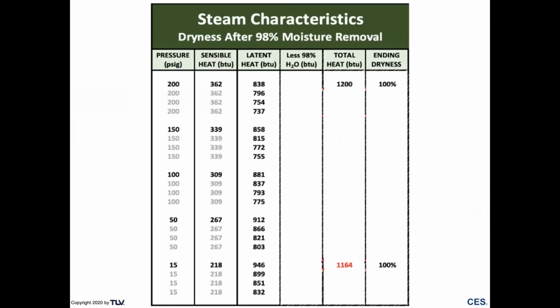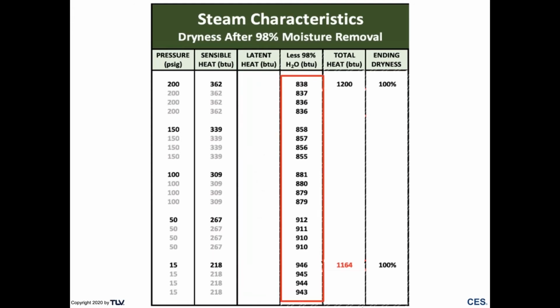So now let's take a look at the real steam table when you look at your separation effects. On the left-hand side, at 200 psi, you see 838, 796 under the latent heat. These are different degrees of dryness. So 95% dryness is 796, 90% is 754.